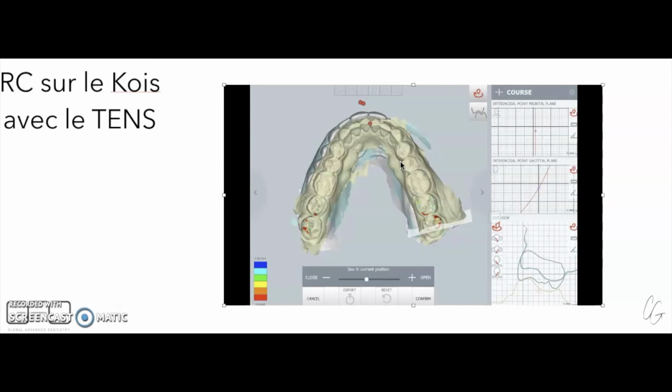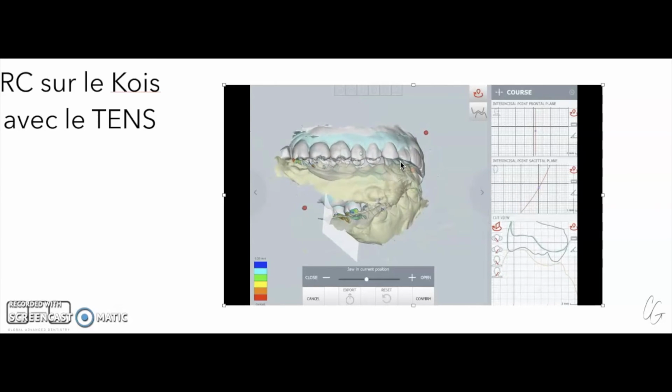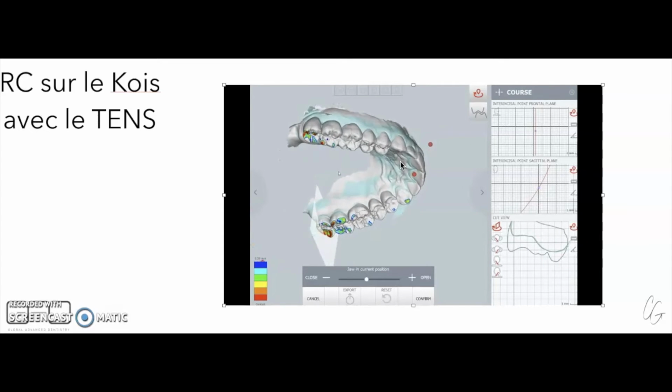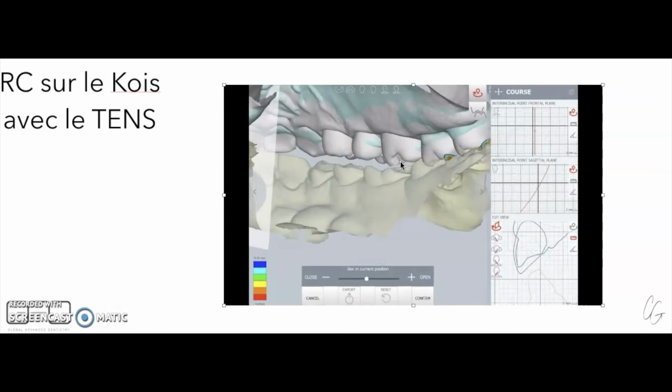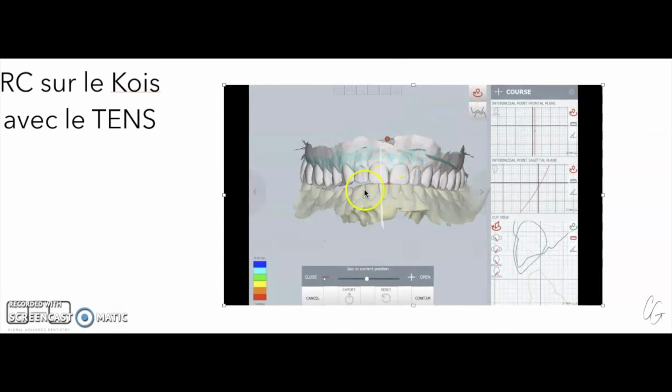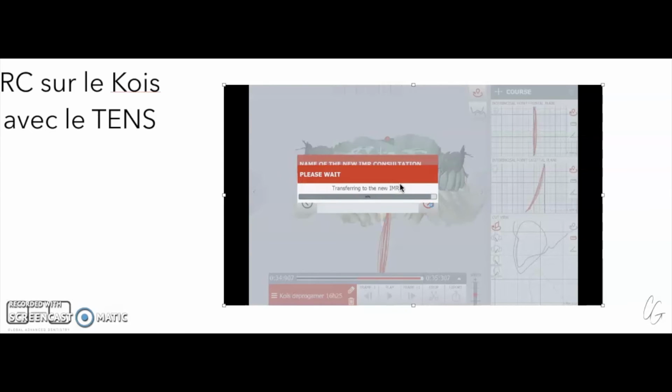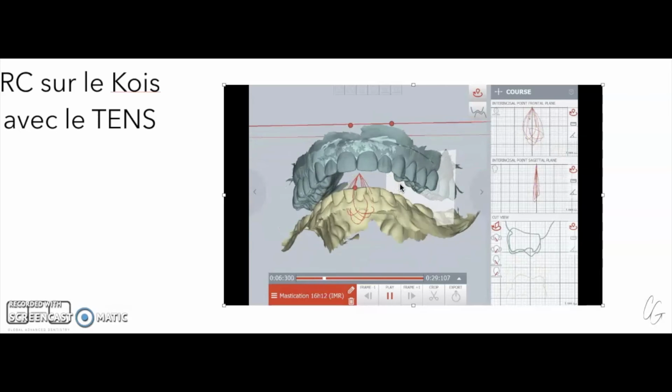Why? Because this is my patient. This is the same thing. If I increase vertical dimension in the mouth of my patient, or if I increase the vertical dimension on this record in the Mojo, this is the same thing. So if I make a mistake, I can increase vertical dimension in the Mojo.